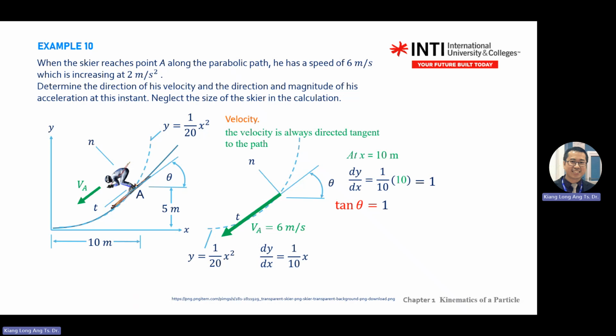So your tangent equal 1, for the curve the tangent equal to 1.